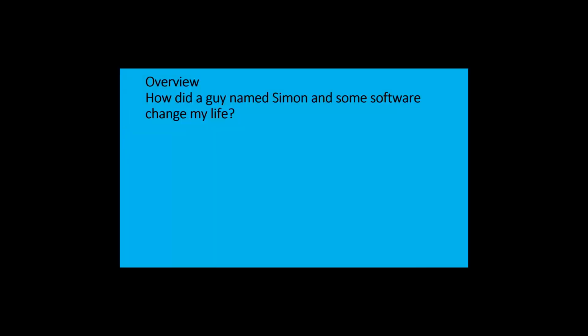So it's an overview of why a guy named Simon and some software changed my life. It was love at first sight. I was at an industry conference, 17, 18 years ago. I had been working with different tools and bringing content back and forth between them, moving cells and columns and cutting and pasting.